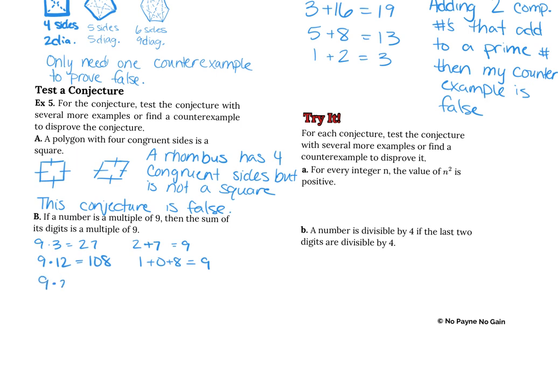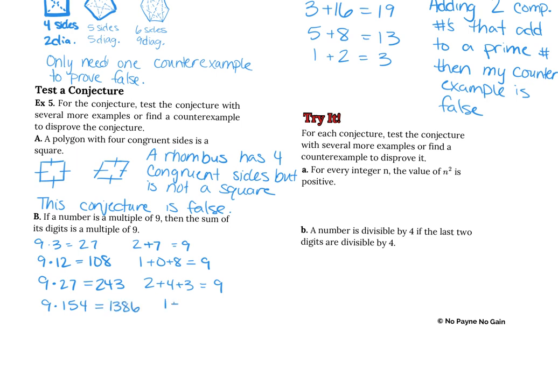9 times 27, 243, 2 plus 4 plus 3, 6, 7, 8, 9. So that's 9 again. Let's try a little bit bigger, 154, 6.